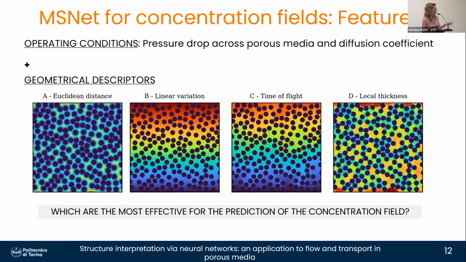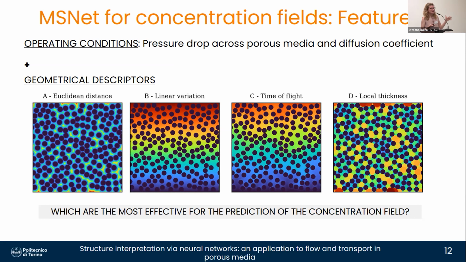Concerning the geometrical descriptors, we tested a range of different features. We tried the Euclidean distance, which is a very common feature employed in the porous media field. We also tried the local thickness, which, as you can see, is related to the dimension of the pores.